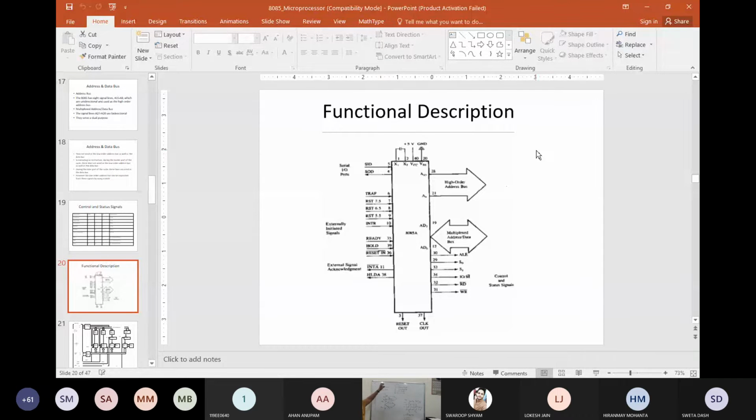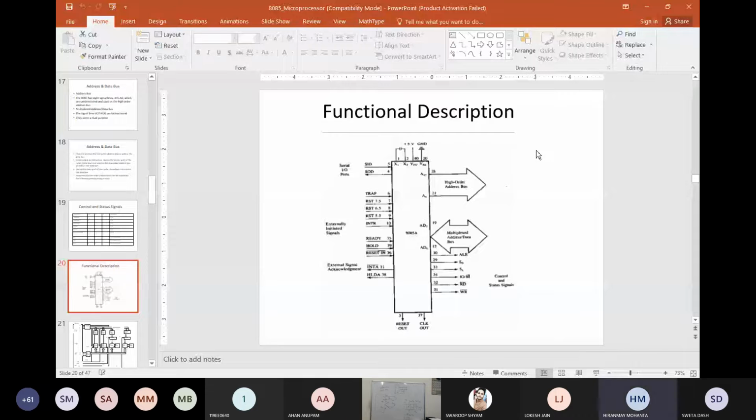What is a simple microprocessing unit? I am not going into big operations, only very basic operations. Its job I can categorize into four things: internal operations and external operations. The internal operations mean inside the unit itself, these two activities: it can read from the memory and it can write into the memory.